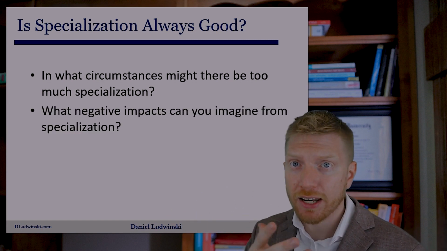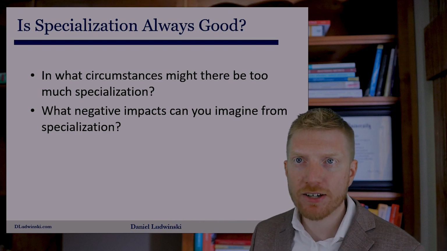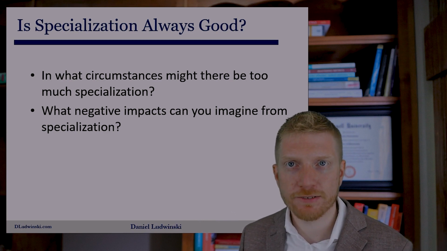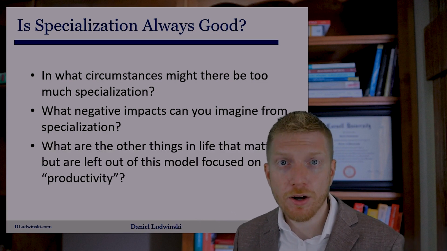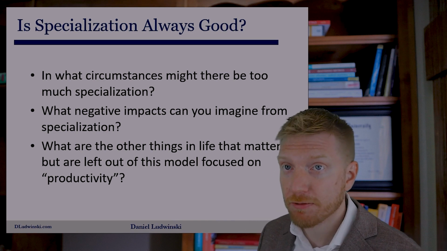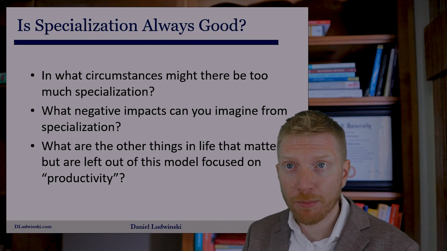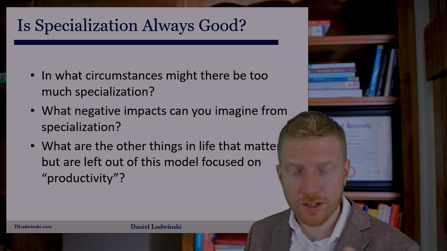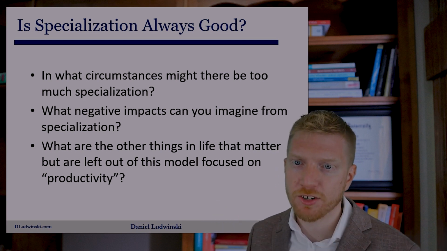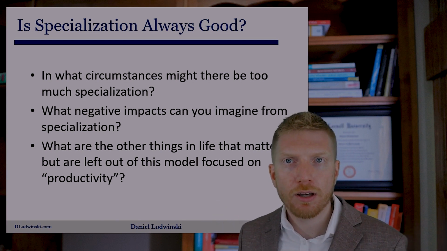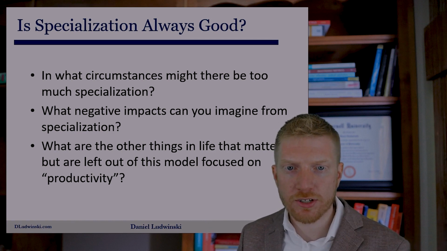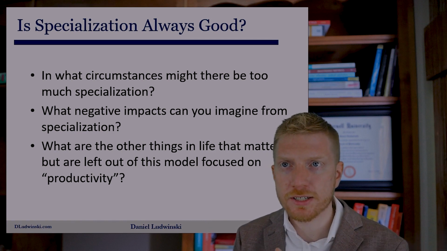Are there any negative impacts that you can imagine happening from specialization? Also, what other things might matter in life, but are left out of this model that's simply focused on how much gets produced? So these are questions that you can think about. If you're in my class, we can discuss.